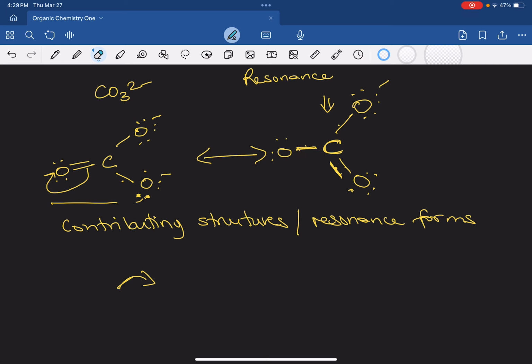So this arrow that I just drew means that the two electrons that are in this bond now go on the oxygen. You don't put the bond on the oxygen. When you put the bond on the oxygen, it looks like a lone pair. So instead of having 4 lone pair electrons, we now have 6, because I just put the 2 electrons from here onto the oxygen.